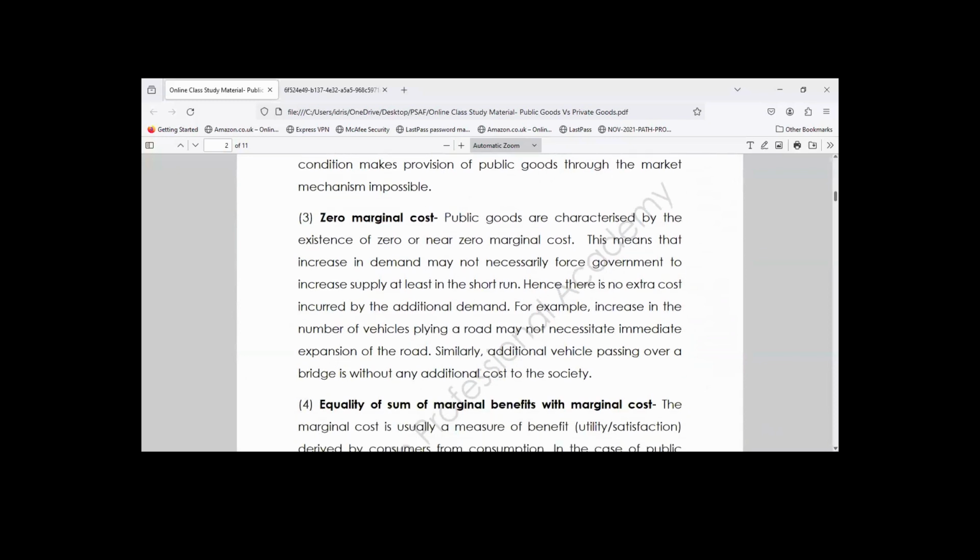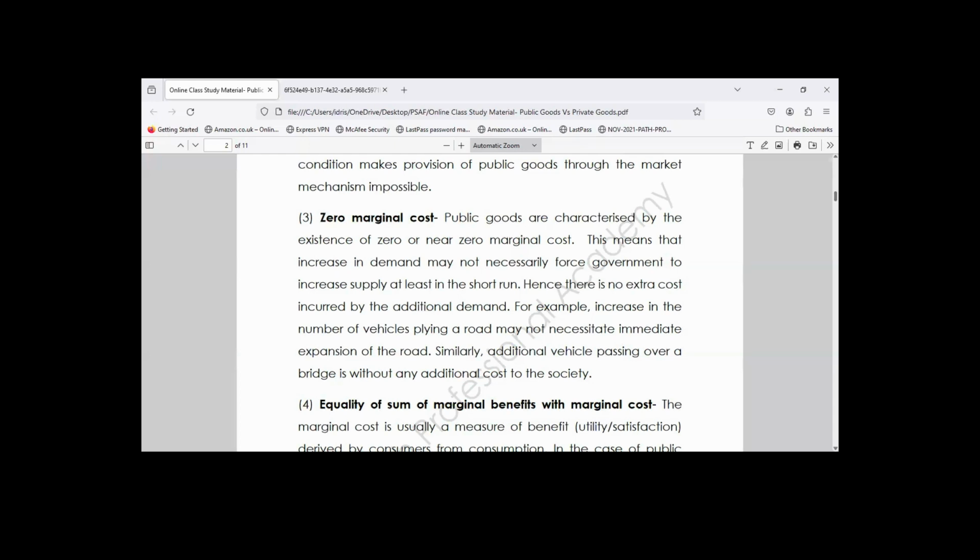Zero marginal cost. Another feature of public good. Some of the public good come with a zero marginal cost. It means you are not going to incur any cost at all from enjoying that public good. As your demand is increasing, your cost will still remain the same.